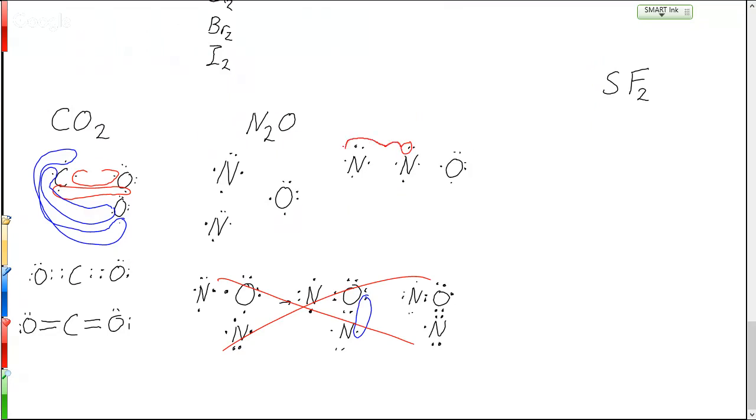So if we take one of these and just give it to this one, then pair everything else up, then it actually works. We had to split up these electrons and move them around again.